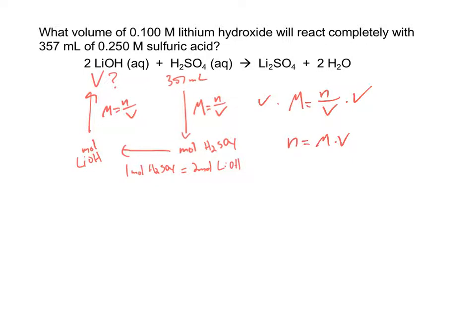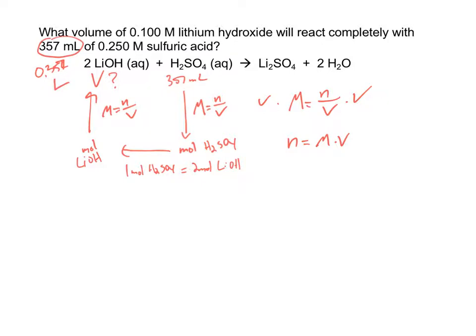But remember, when we do molarity, we need to be working in liters, not milliliters. So if you want, you can write out the conversion, although I think it is probably good to start getting to the point where you can do the conversion between milliliters and liters in your head, because we're going to use it so much. There are 1,000 milliliters in a liter, so 357 divided by 1,000, that is 0.357 liters.